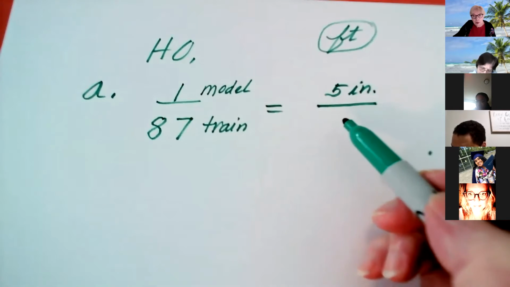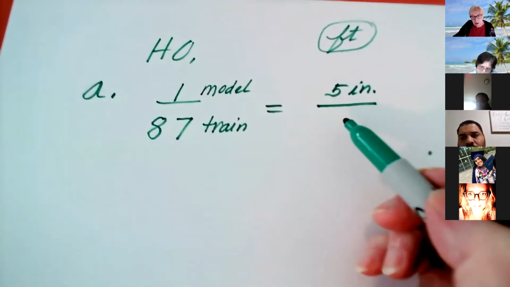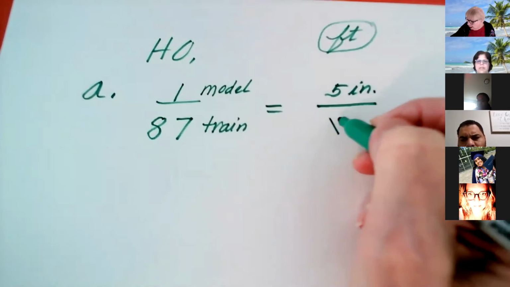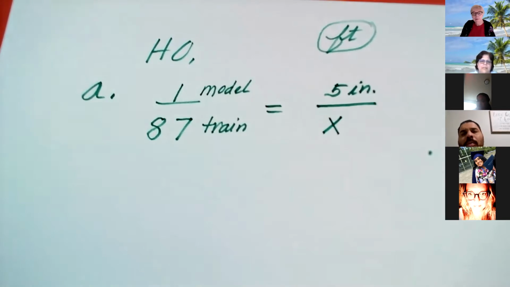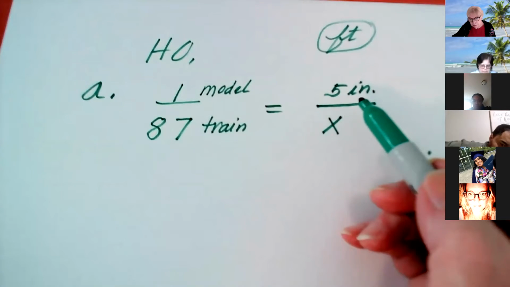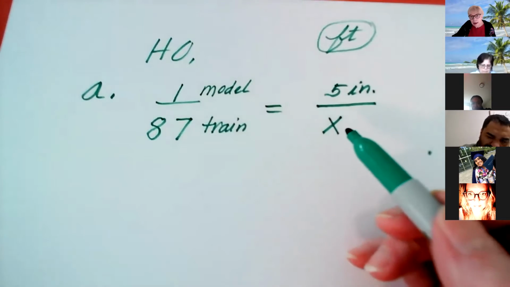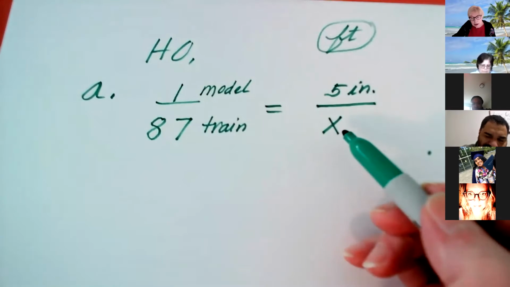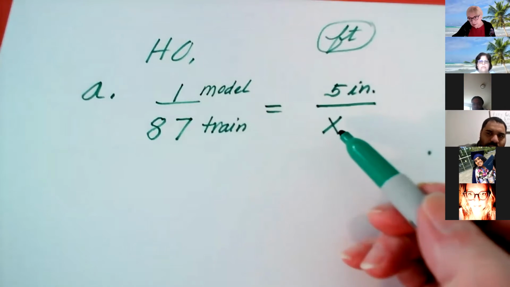And they wanted to know the train. Well, this is the missing value. Now, we have the same exact problem we had before. This is in inches, and when I solve this, this will be in inches.